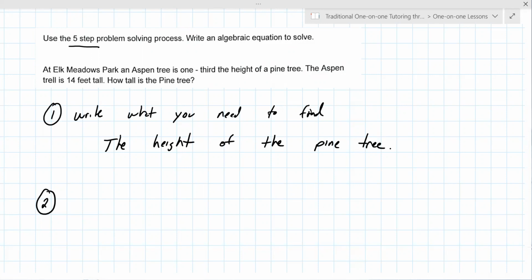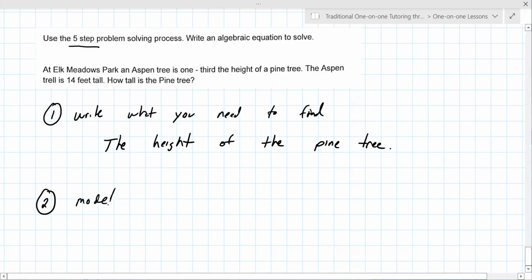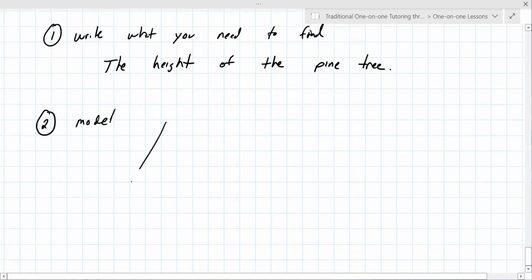And you want to be very clear with your instructor when they're grading it, like, this is my step 1, so that they know. And you do a model, maybe of a tree. I would draw 2 trees here. And they don't have to be very good, but they need to indicate that one is a lot taller than another.